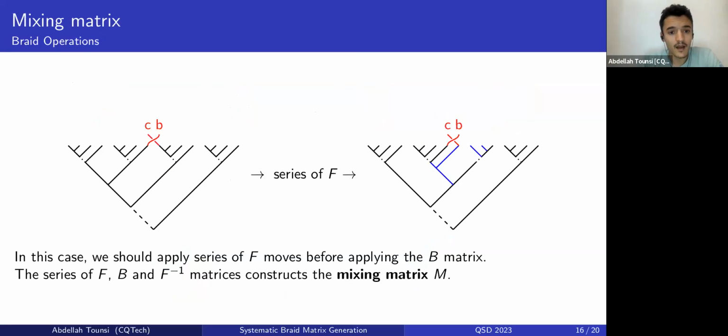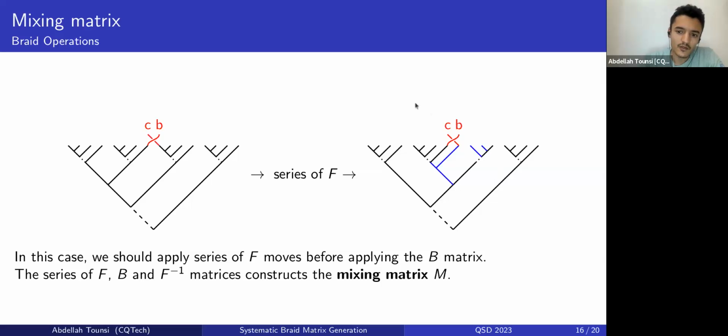On the other hand, we also need a mixing matrix for this more general case. So here we cannot use the braiding matrix directly, so we should also use a series of F transformations to get the fusion tree on the right side.